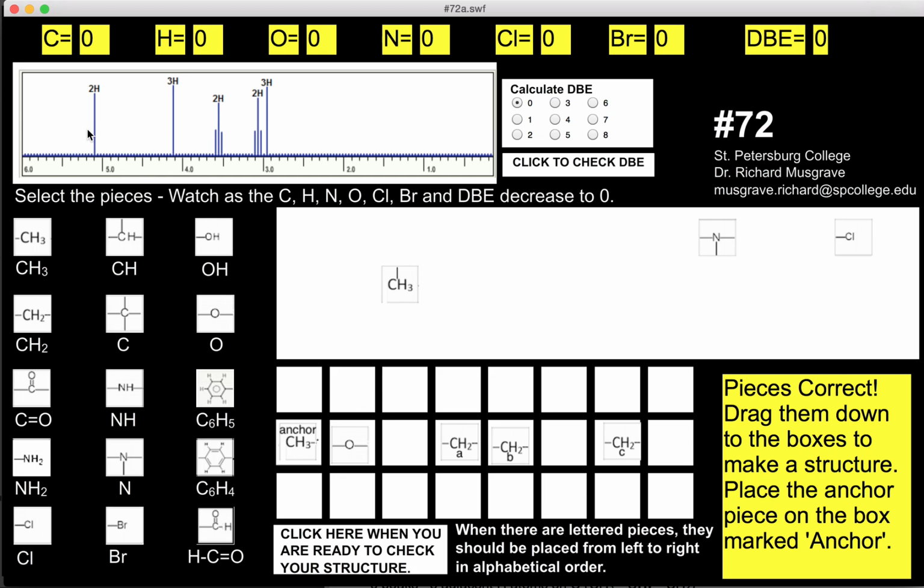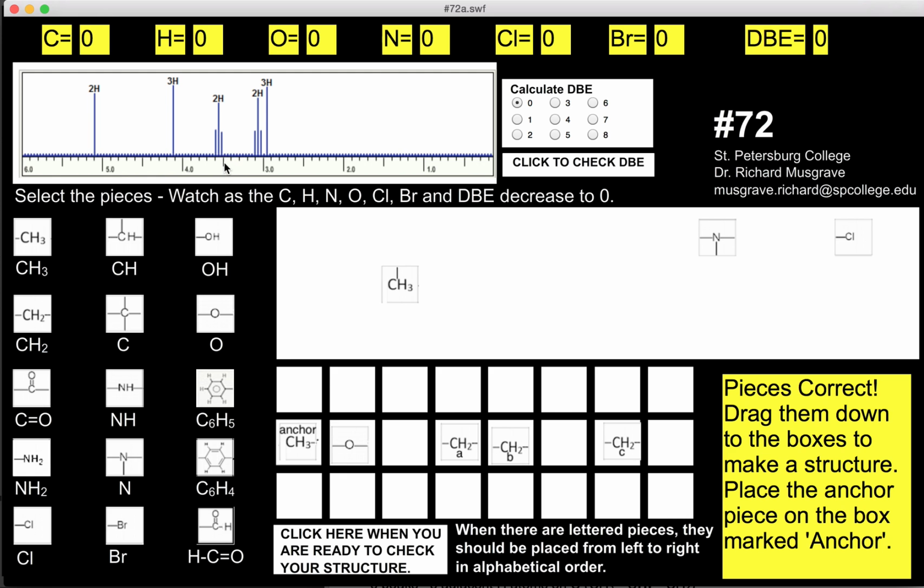So I could be fairly sure, for example, this CH2 was going to be connected to probably both an oxygen and a nitrogen, or an oxygen and a chlorine. So I'm not going to say which yet because I'm not 100% sure. I'm going to try and get some other clues by looking at what we see here.